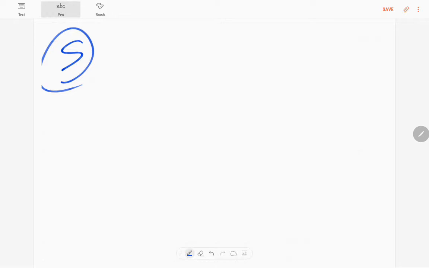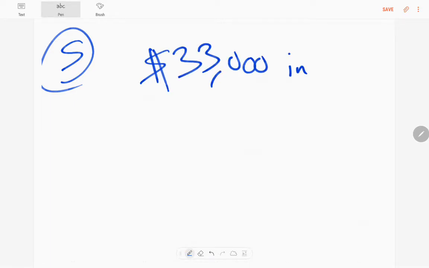Suppose the retail price of an automobile is $33,000 in 1999, and that it increases 4% per year.